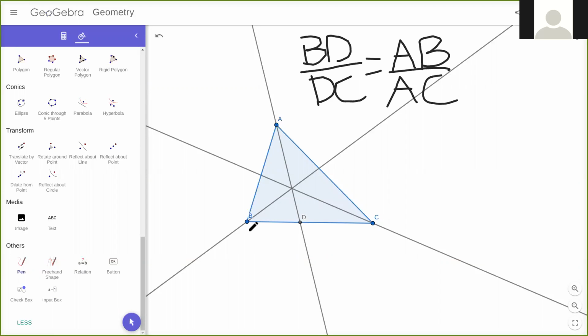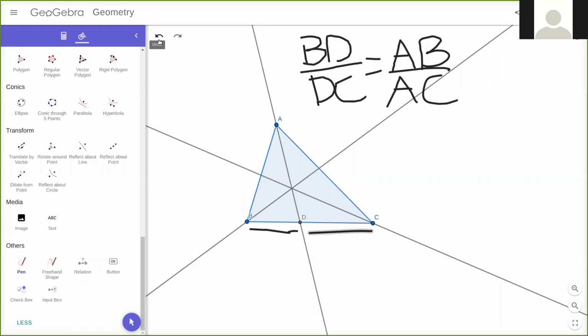So this length right here over this length right here. Okay. So we have BD over DC equals AB over AC. And this is called the angle bisector theorem.